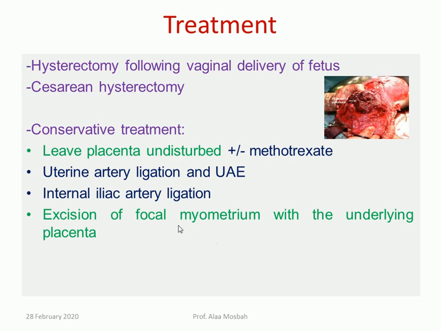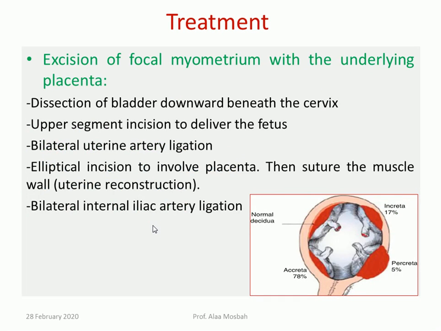Another method is excision of the focal myometrium with the underlying placenta. First, we dissect the bladder downward beneath the cervix, then make an upper segment incision to deliver the fetus above the site of the placenta. Then deliver the baby, then do bilateral uterine artery ligation, then an elliptical incision to involve the placenta.